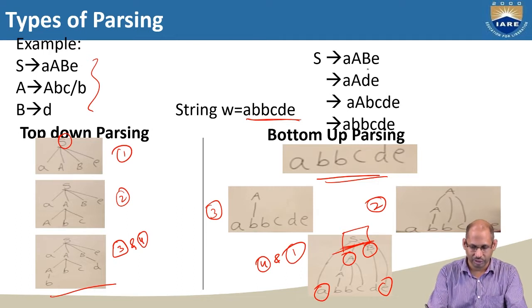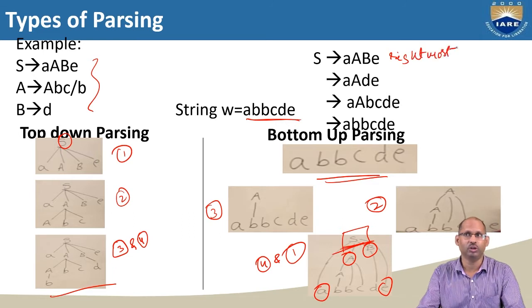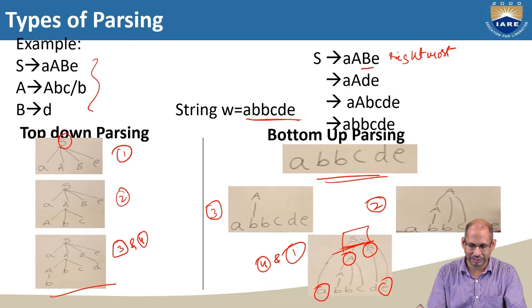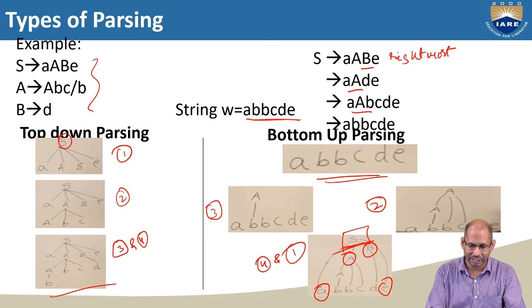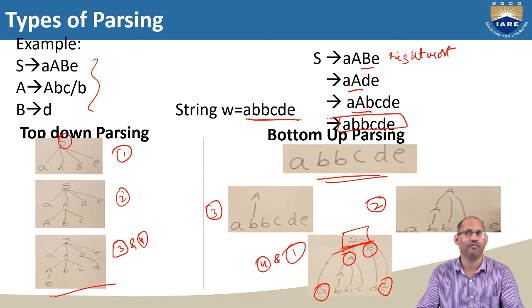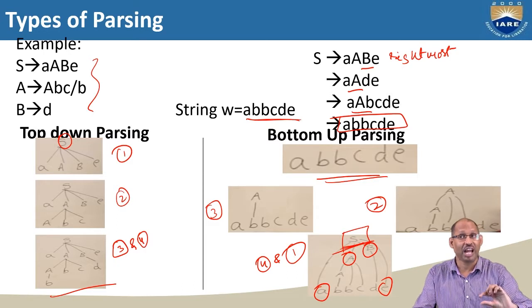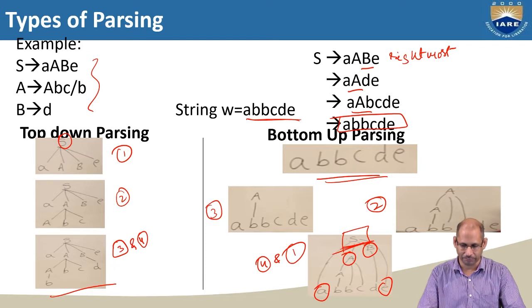If you observe here, this is the rightmost derivation. First B is replaced, then A is replaced, then A is replaced. So finally we obtain our given string. That is a rightmost derivation. But we are doing it in reverse, that is the bottom-up parsing method.